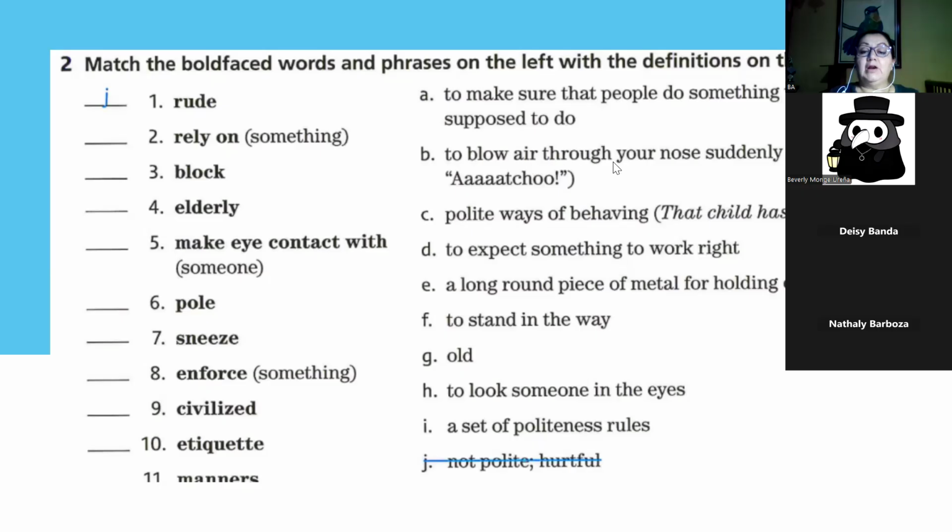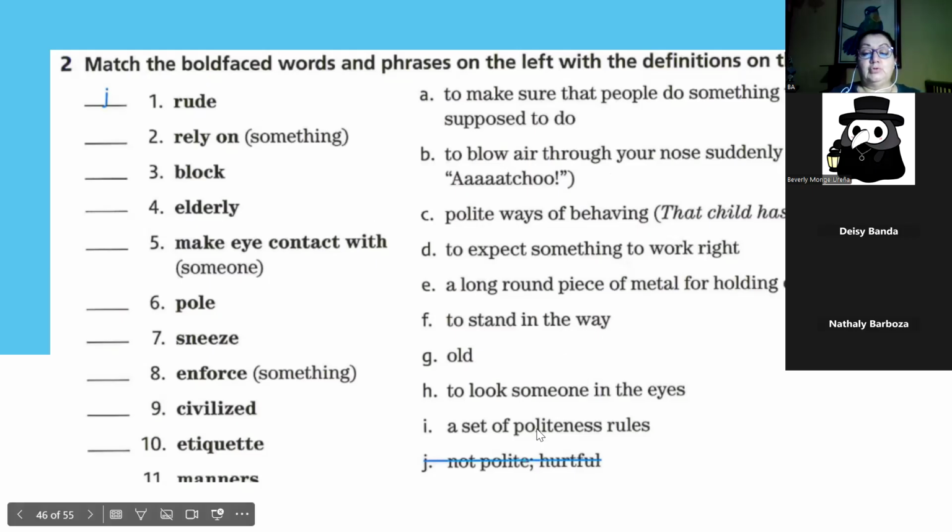Second, to blow air through your nose suddenly, saying achoo. Next, polite ways of behaving. That child has no. Next, to expect something to work right. Next, a long round piece of metal for holding onto. Next, to stand in the way.